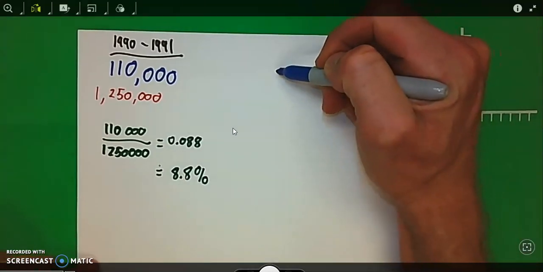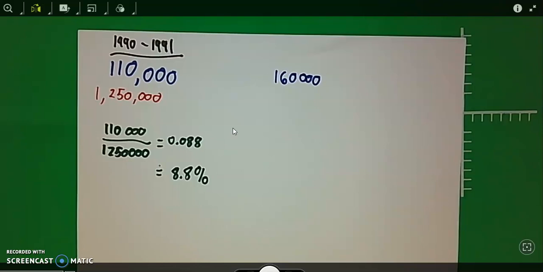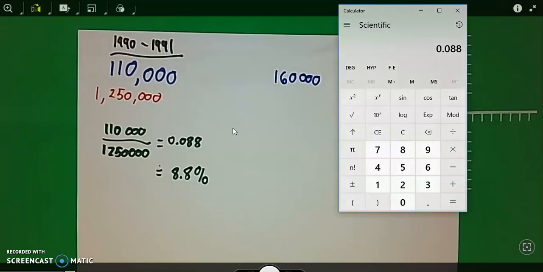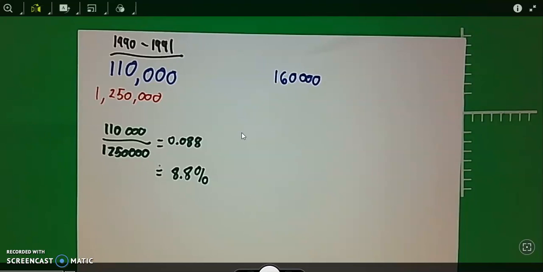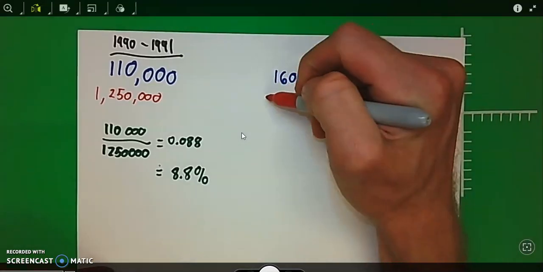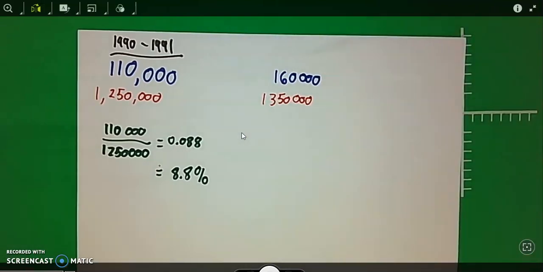We've got 160,000 students enrolled in college, and the total population is just over 1,350,000. So let's write that down.